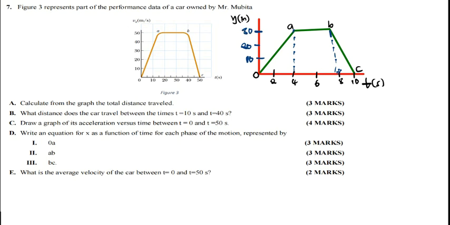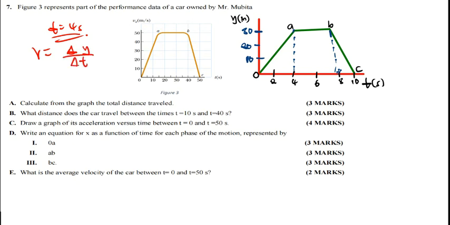The first question they are going to ask you is find the velocity at t is equal to 4 seconds. So when time was 4 seconds, what is the velocity? You know that velocity is given by the change in displacement. In this case we're talking about y, so I'll say the change in y divided by the change in t.